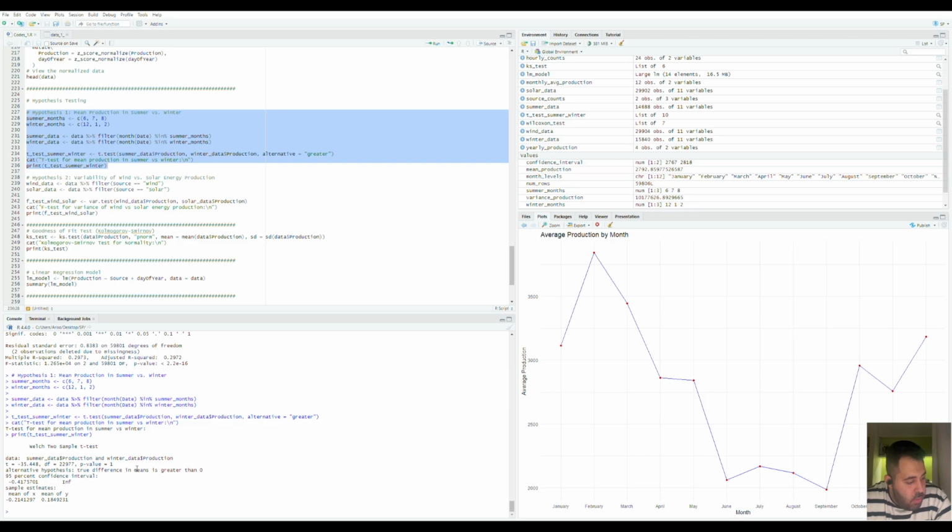So as we go down, we will see the T value is negative 35.448, and the DF, which is the degree of freedom, is 22,977. P value is 1.